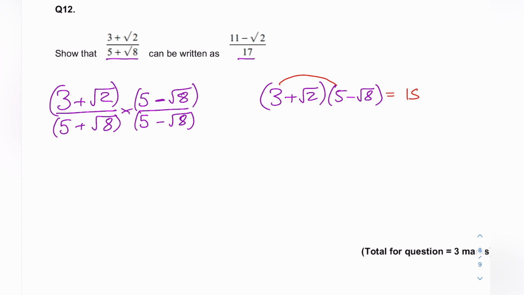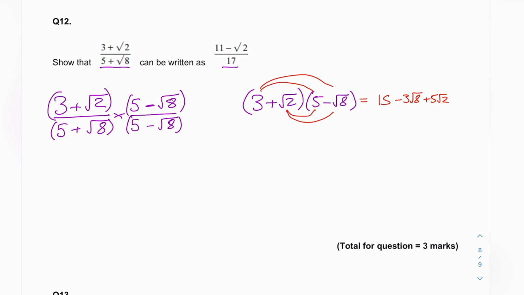3 times 5 is 15, 3 times minus root 8 is minus 3 root 8, root 2 times 5 is positive 5 root 2. Root 2 times negative root 8 is equal to negative root 16.